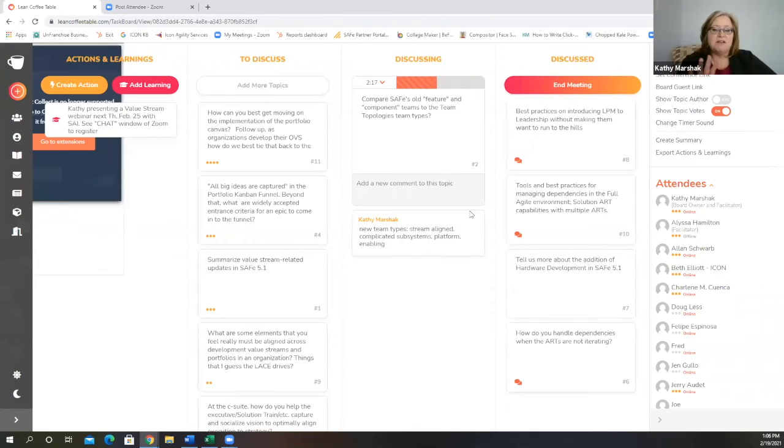No, I thought you did an excellent job of summarizing. I did add a note about the four team types that we talk about using the Team Topologies framework. If you've read the book, Team Topologies, you will notice that Scaled Agile has made a slight tweak to the definition of the complicated subsystem team type.